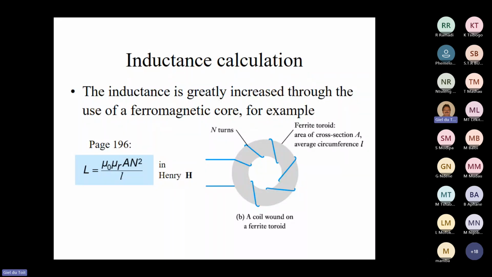So the inductor, the formula for it is here on the left. L is mu naught mu r times area times number of turns squared, this is the number of turns, divided by l, which is the length of the inductor.